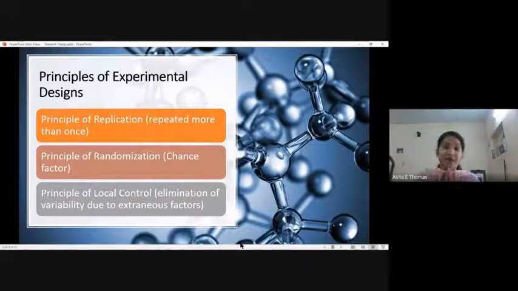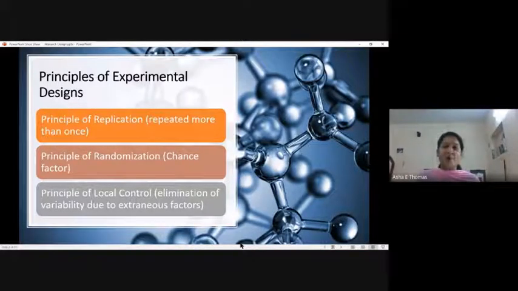I'm not manipulating or purposefully eliminating some units from the population, because that means the research is biased. So in order to avoid that, we have the principle of randomization. Chance factor: any unit from your population has an equal chance of being picked up for the study.